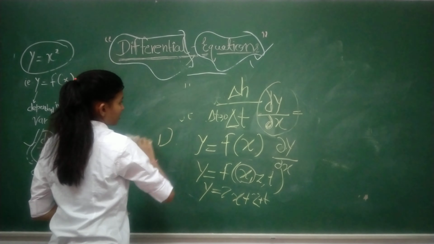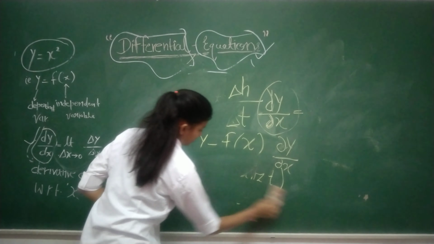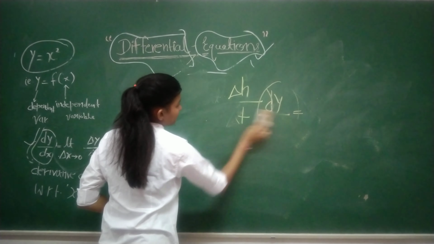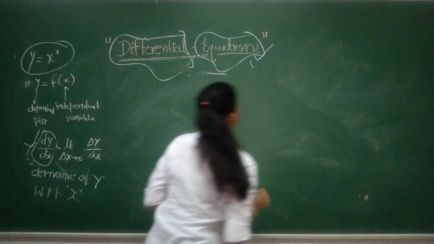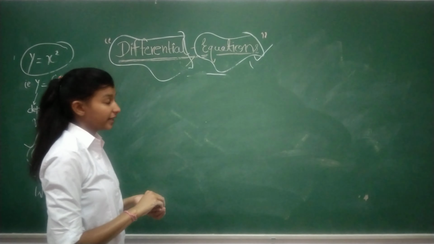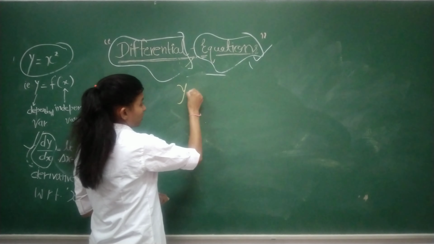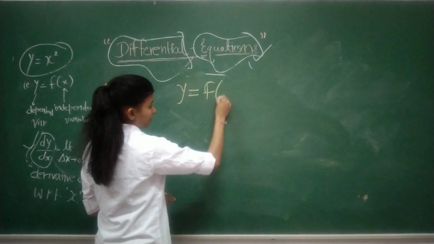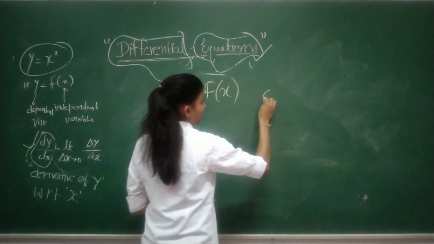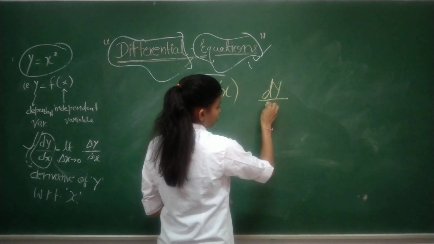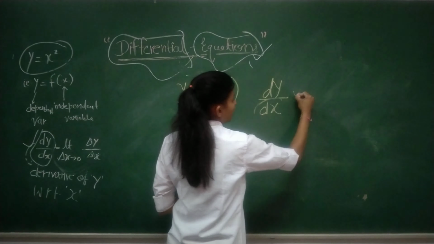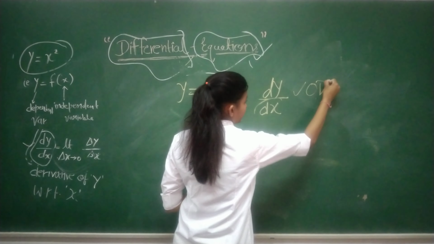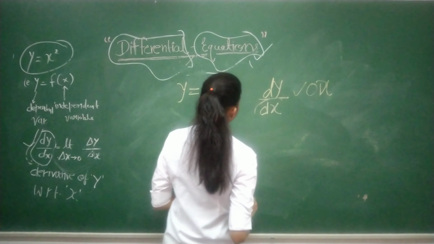From this, we can conclude that if there is only one variable, then we find the derivative dy by dx, that is the rate of change of y with respect to x. This is called an ordinary derivative.